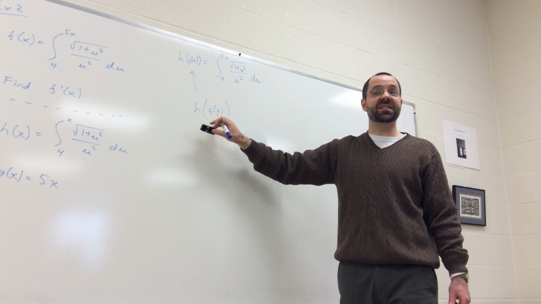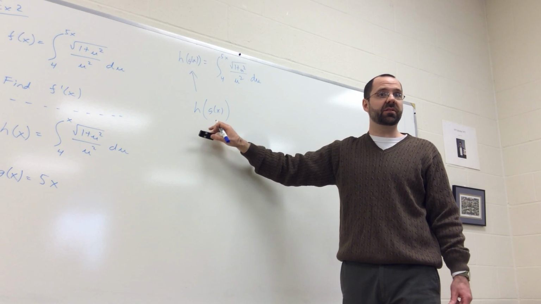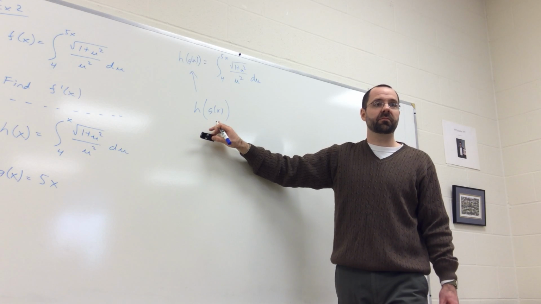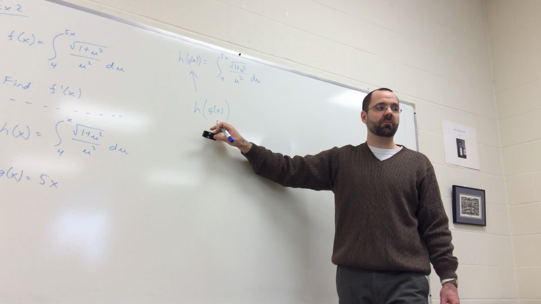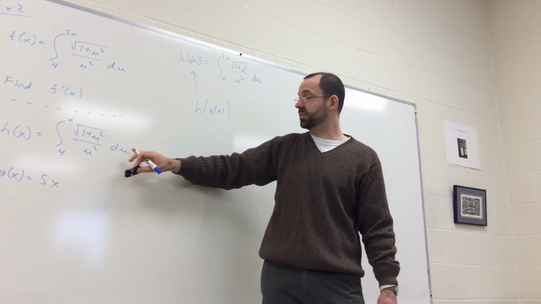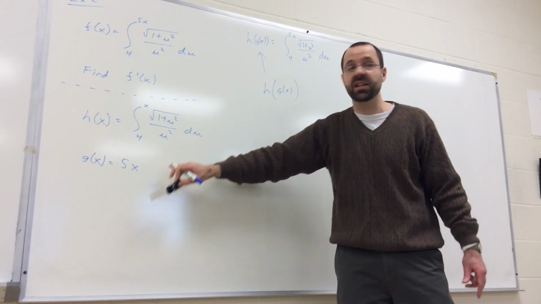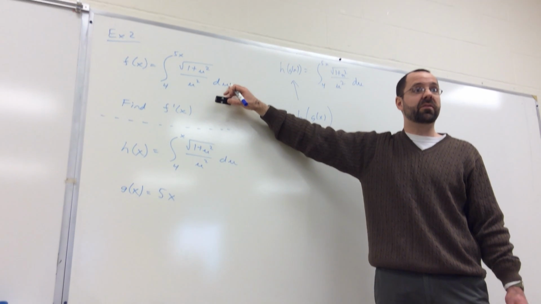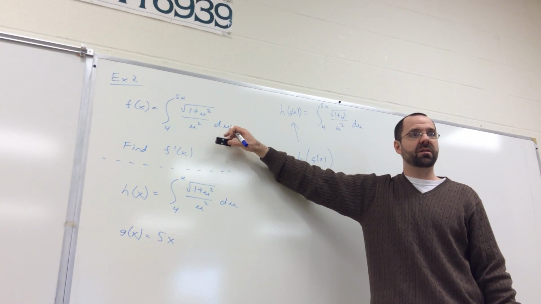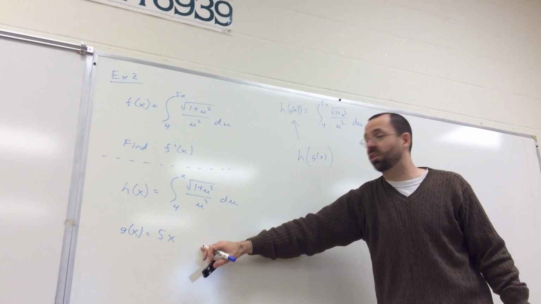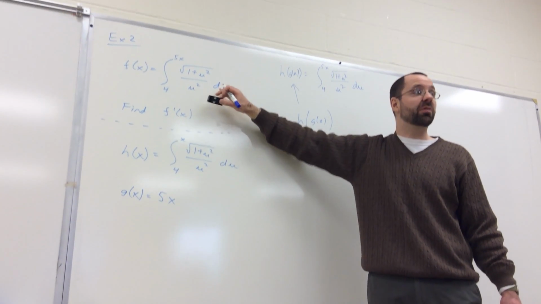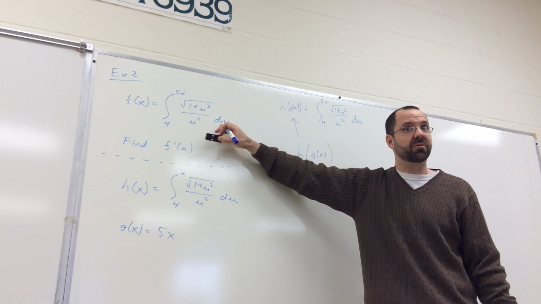And that means that this is called a composition. Okay, so what I did was I noticed that if this was h of x and if this was g of x, then the thing I'm trying to take the derivative of is a composition. It's this plugged into that. And so thus, when I take this derivative, I'm going to need to use the chain rule.